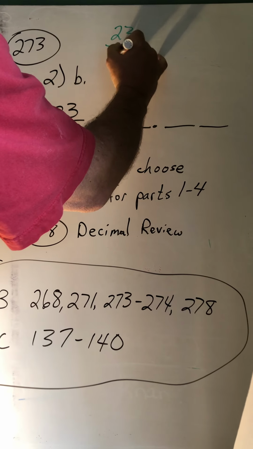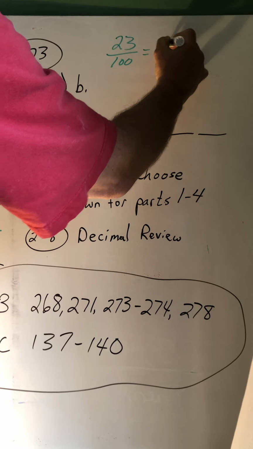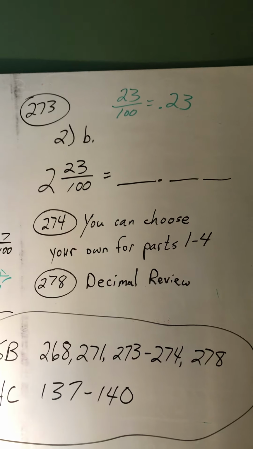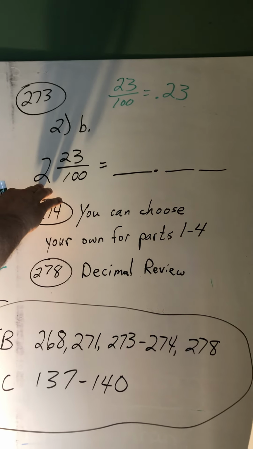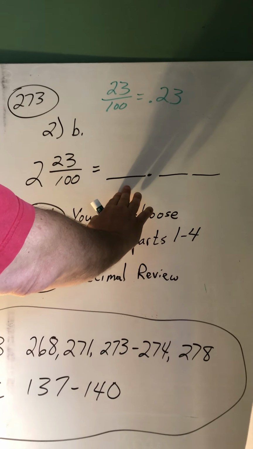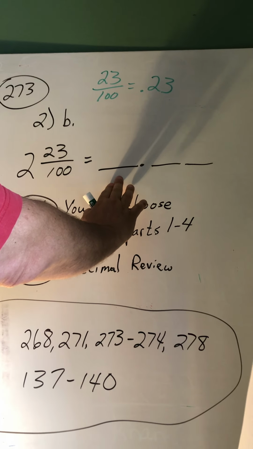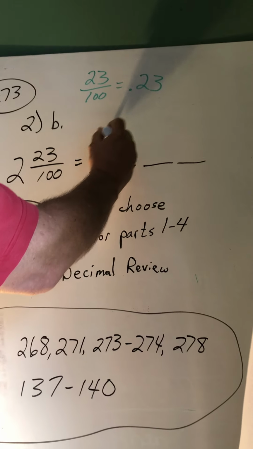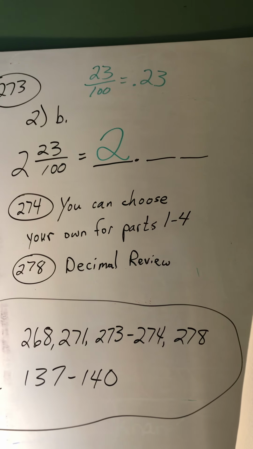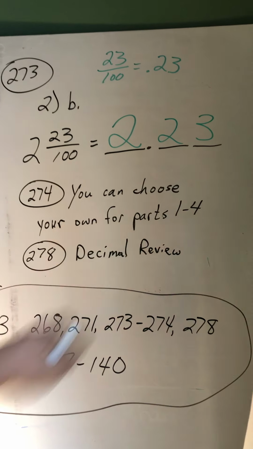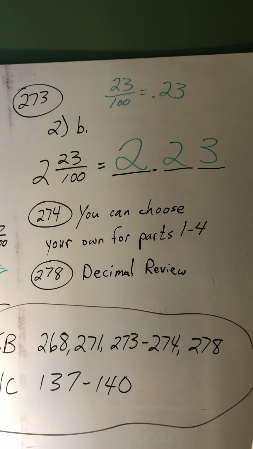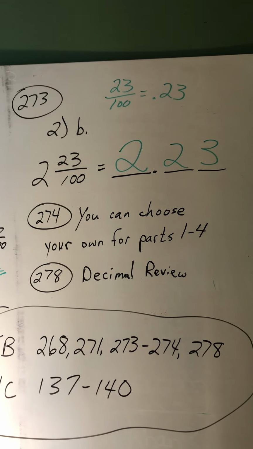You remember this from just a minute ago? 23/100 is 0.23. Then we have a whole number 2. Well, isn't this the ones on the whole number side? Yep, it sure is. So we got a whole 2 there, and then 23/100. So you're going to do kind of like a whole page of those. All right.